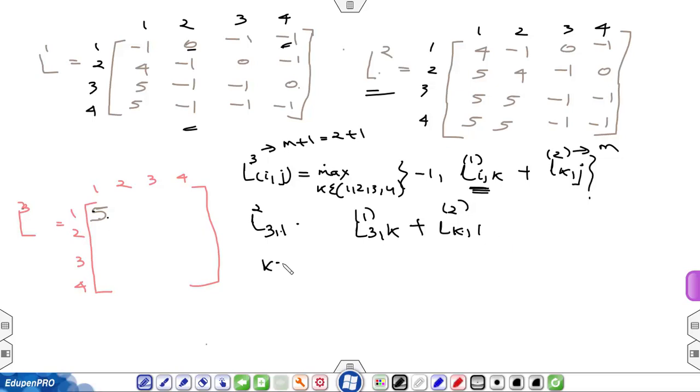So for k equal to 1, this is L of 3 comma 1 of matrix 1 plus L of 1 comma 1 of matrix 2. So 3 comma 1 is 5 and 1 comma 1 of matrix 2 is 4. This is 9.